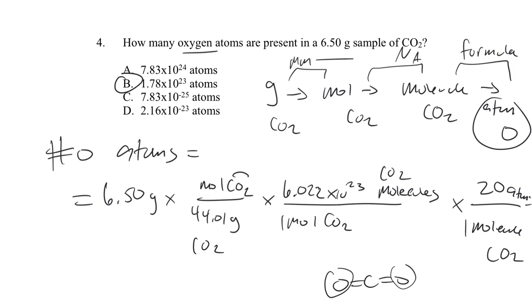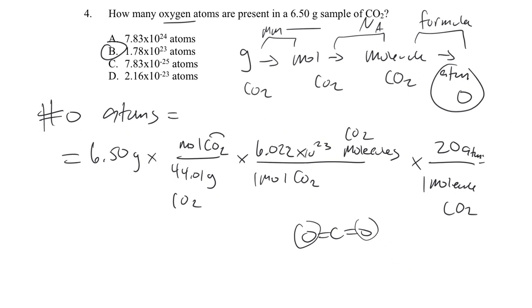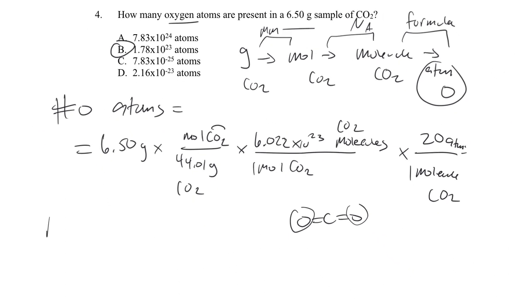So we can go the other way. In fact, we have another minute or two. What if we said in part B, or a second example, you had a sample of CO2 that had 4.83 times 10 to the 24 O atoms.